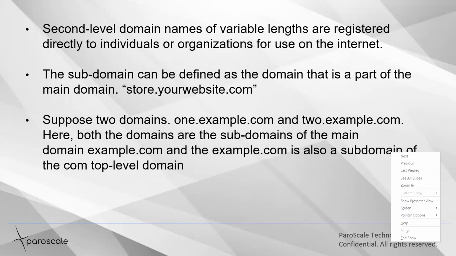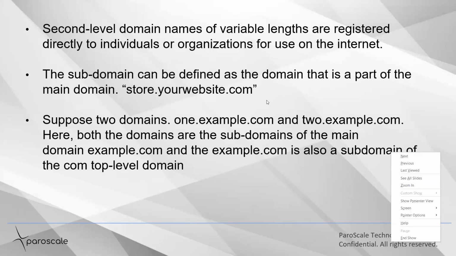The next one is the subdomain. A subdomain is a part of the main domain. Suppose we have a domain called store.yourwebsite.com. Here store is the subdomain. Suppose we have purchased the domain yourwebsite.com.